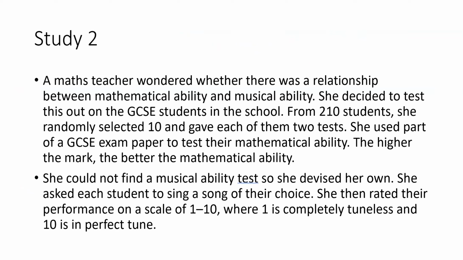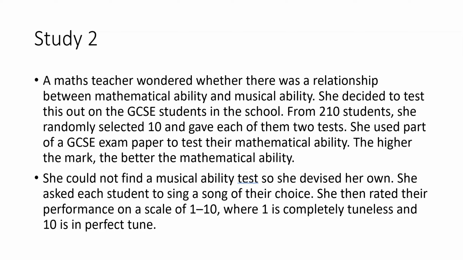In study 2, there are still 2 variables: GCSE exam paper on maths, and the second variable is the music ability rating scale on a scale of 1 to 10. However, neither of these refer to conditions.